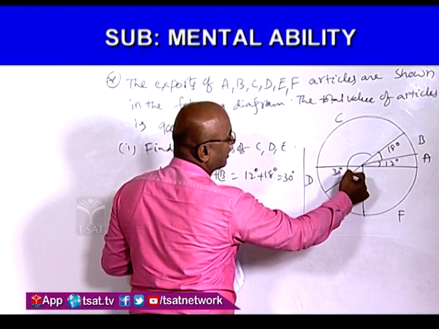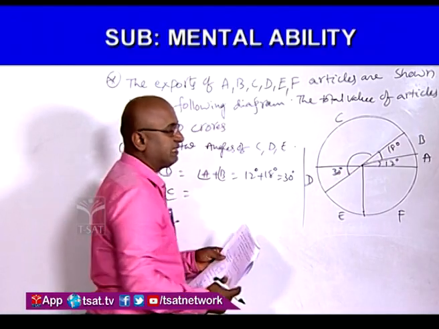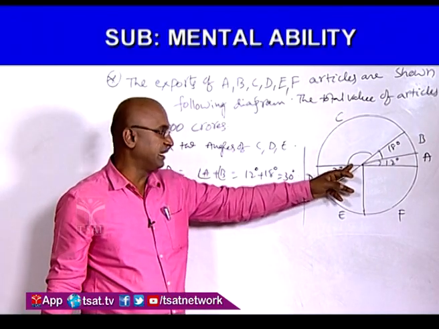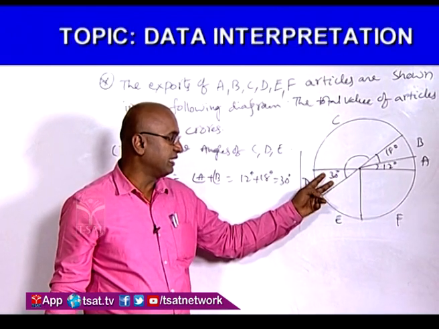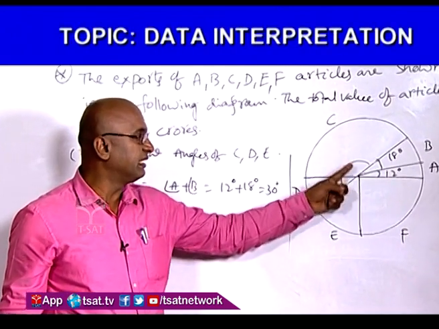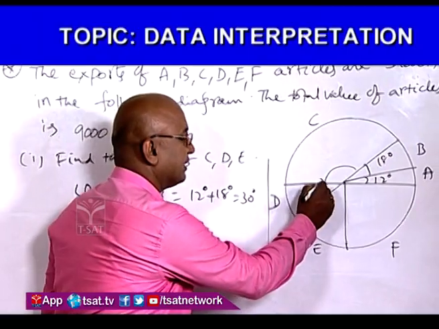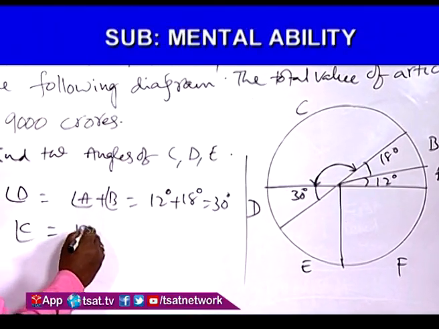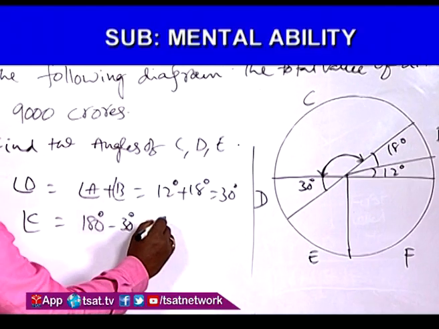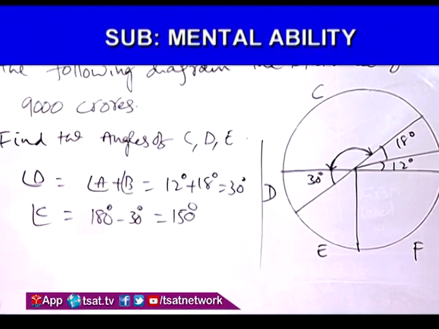The total angle in the half circle is 360 by 2, that is 180 degrees. If you subtract this 30 from 180, you will get the value of C. So angle C is equal to 180 degrees minus 30 degrees, that is 150 degrees.